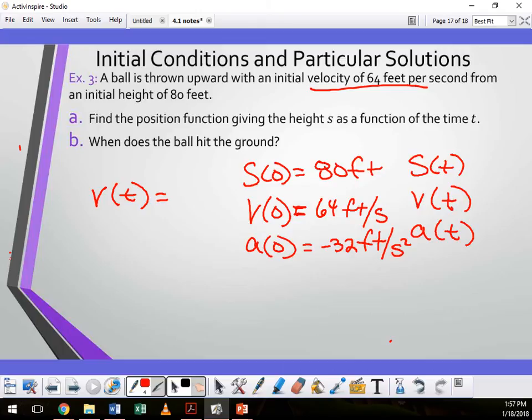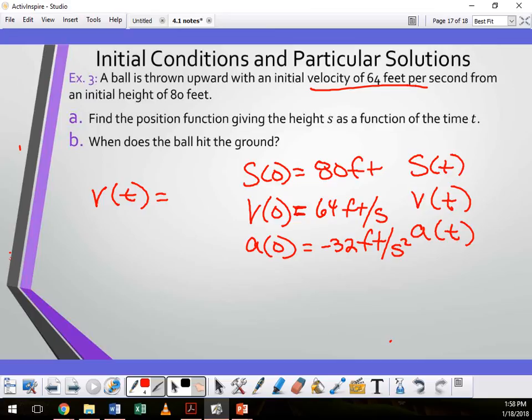So we know that we're going to have a couple things happening here. If I'm working it backwards, remember when I take derivatives, I always take away one of my exponents. And every time I go up, it's going to add another variable.